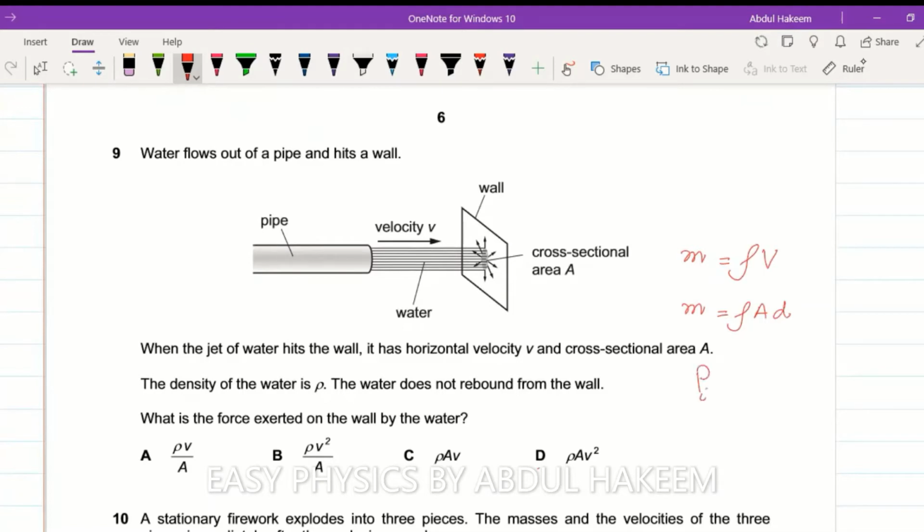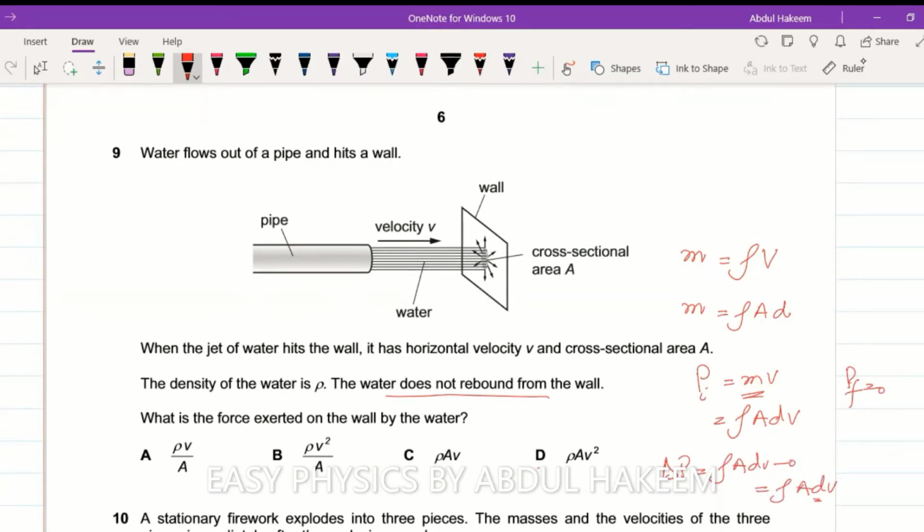So the initial momentum of the object will be mass times velocity, meaning rho A d v. And the water does not rebound, which means the final momentum is zero. So what is the change of momentum? Initial minus final: rho A d v minus zero, meaning rho A d v is the change of momentum.